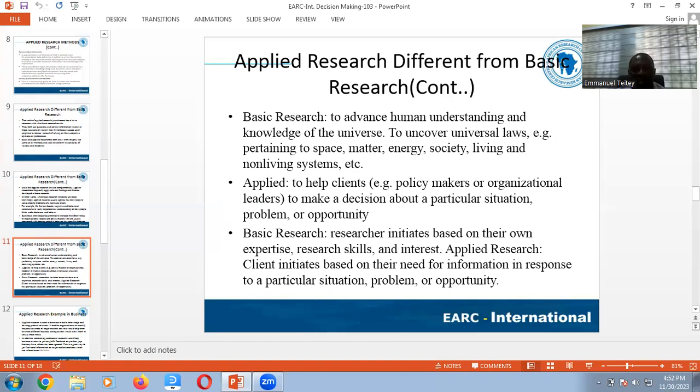Applied research helps clients like policymakers and organizational leaders make decisions about a particular situation, problem, or opportunity. Basic research is initiated by researchers based on their own expertise, research skills, and interests. Applied research is initiated by clients based on their need for information in response to a particular situation, problem, or opportunity.